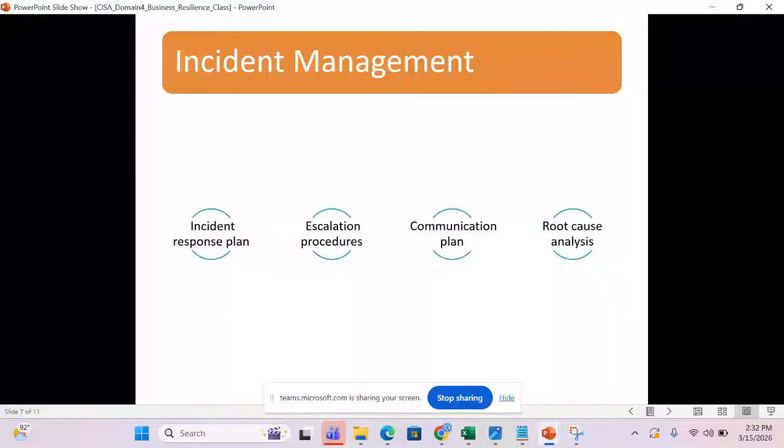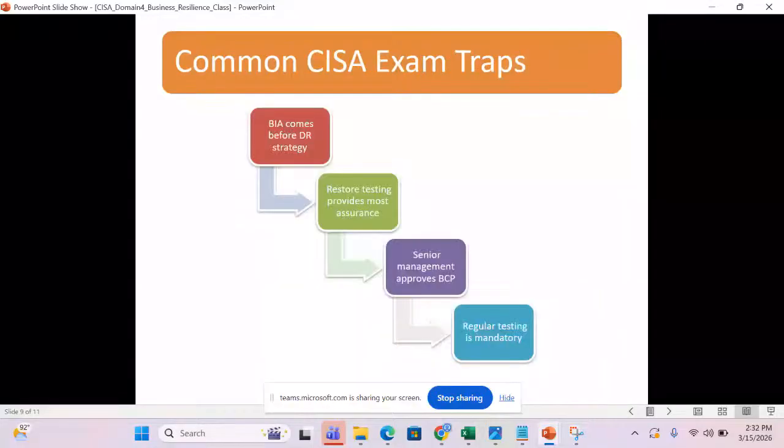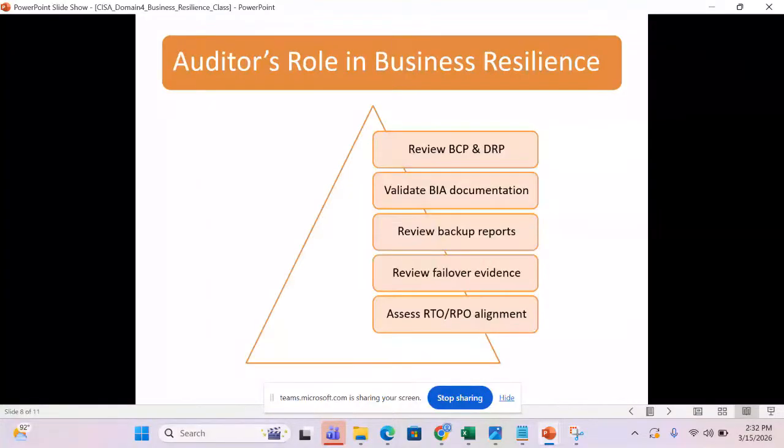So what is an auditor's role in business resilience? Business resilience means that you review your BCP and DRP. BCP means business continuity plan, DRP means disaster recovery plan. You need to ensure that all the critical processes in the organization have been captured in your BCP and DRP.